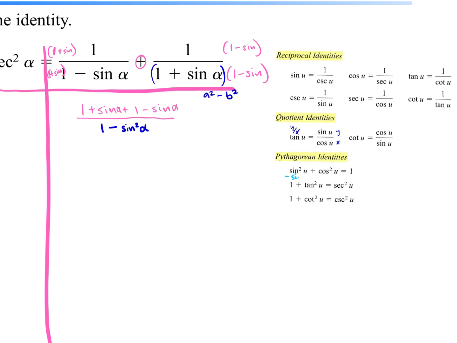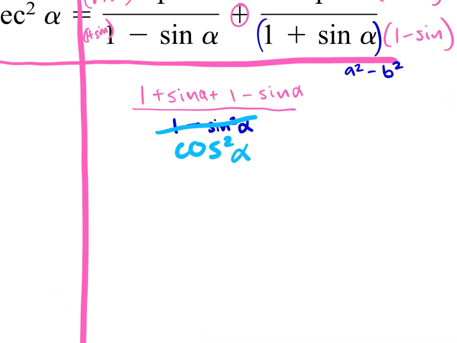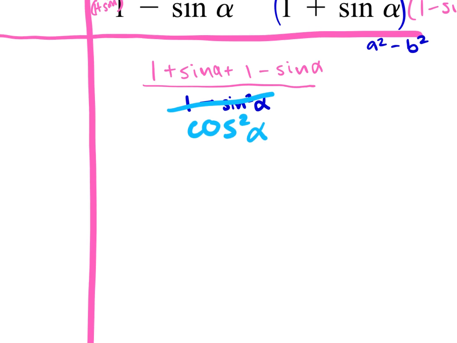If I subtracted sine squared, moved it to the other side, cosine squared is equal to 1 minus sine squared. So I can replace that 1 minus sine squared with cosine squared. Anything in our numerator simplify? Sine minus sine cancels. And then we have 1 plus 1. What's 1 plus 1? 2. So this would be 2 over cosine squared.